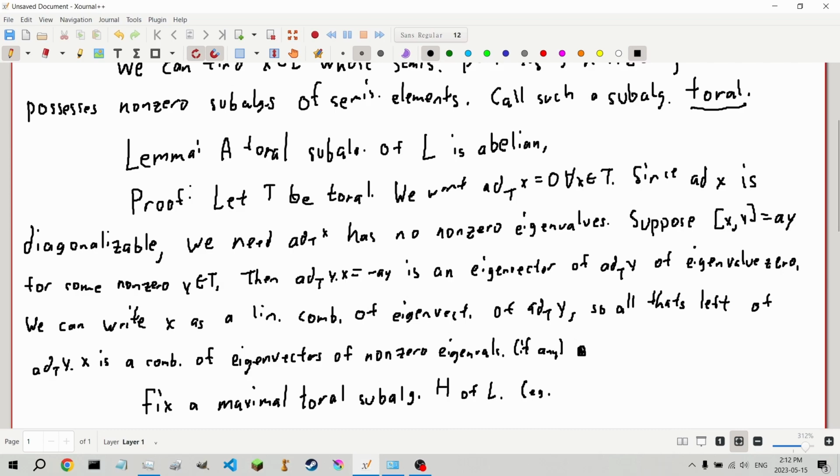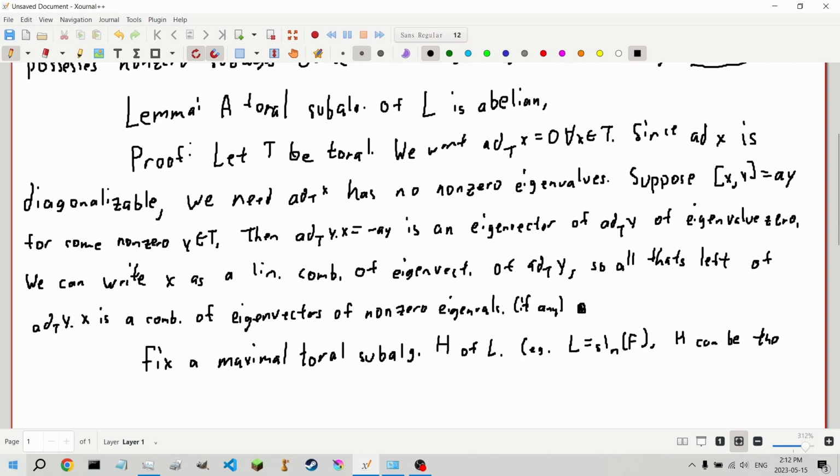For example, if L is the special linear algebra sl_n of F, H can be the subset of diagonal matrices.